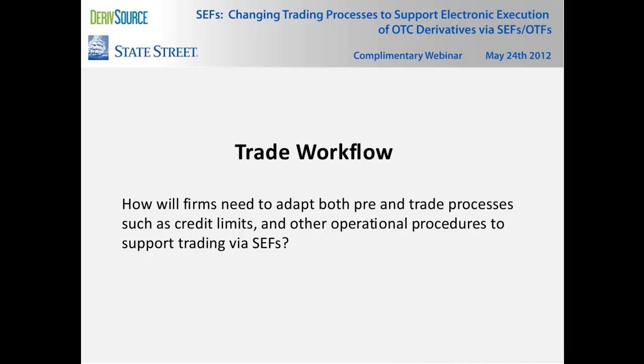So the challenge with credit controls broadly is that to do this with a limited number of participants is one thing. To provide that type of credit control and real-time trade checking and real-time trade acceptance across a broad number of SEFs and several clearinghouses on the back end, that's where the challenge lies. And I think, Peter, you're directly involved in that debate today and working on it from the clearing perspective.